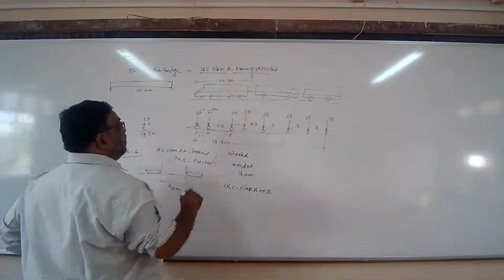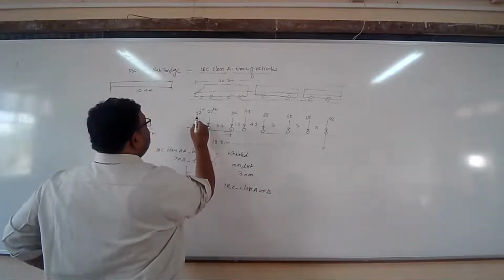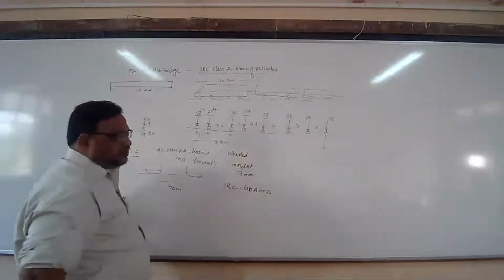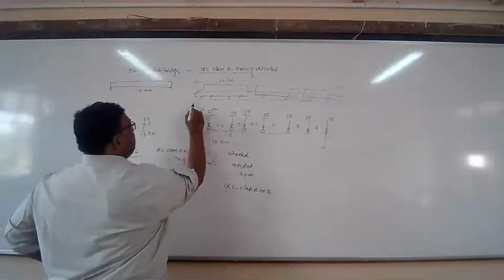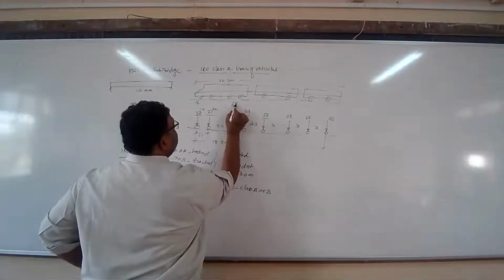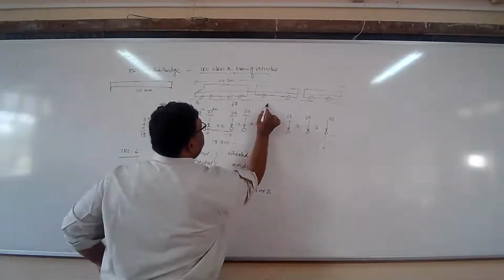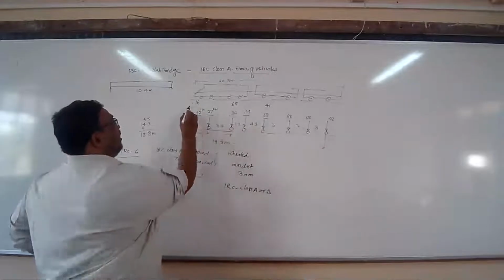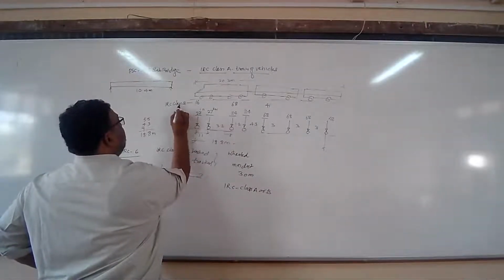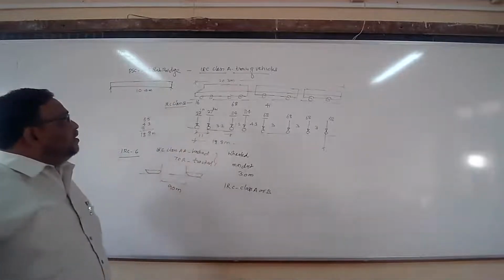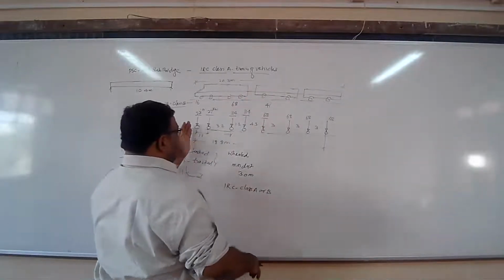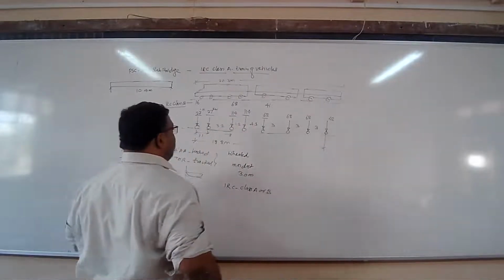Okay, fine. For Class A and B, these 27, 114 and 68 will get changed. This 27 will be replaced by 16. This 114 will be replaced by 68. And this 68 is replaced by 41 kilonewton. That is the only difference in case of IRC Class B train of vehicle. Total length of vehicle is the same. The distance between the first to last axle is the same.